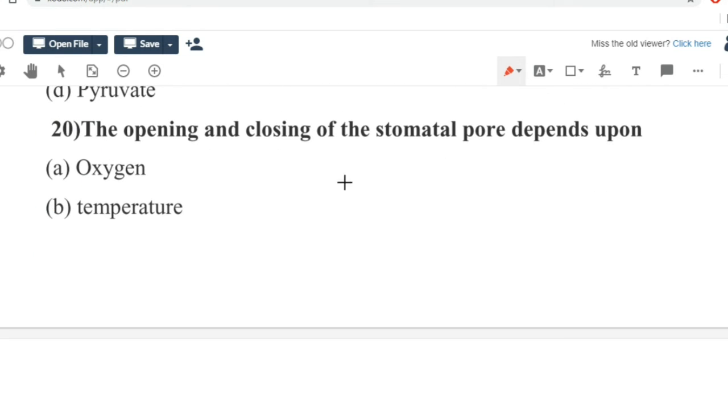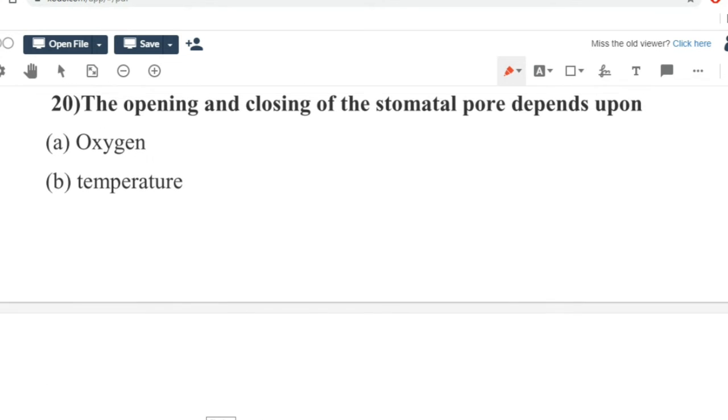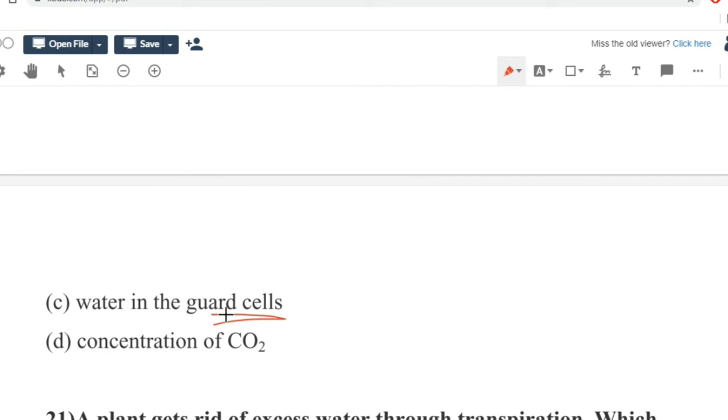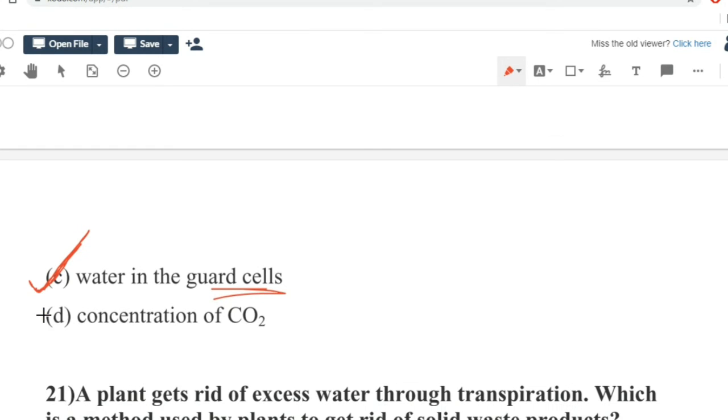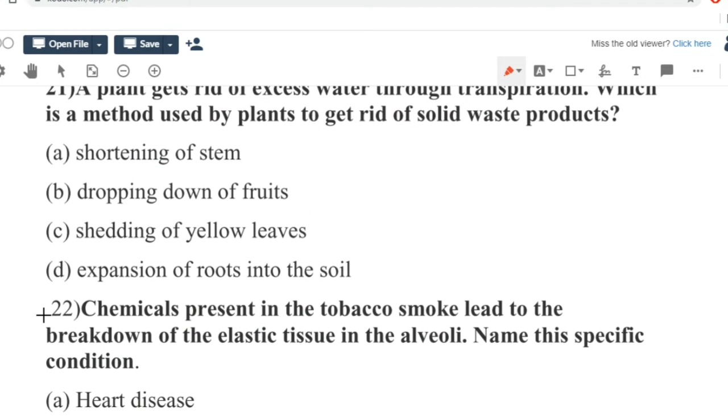The opening and closing of the stomatal pores depends upon oxygen, temperature, water in the guard cells, concentration of CO2. Now the opening and the closing of stomatal pores is because of the guard cells. So the option water in the guard cells is the right answer. Okay.